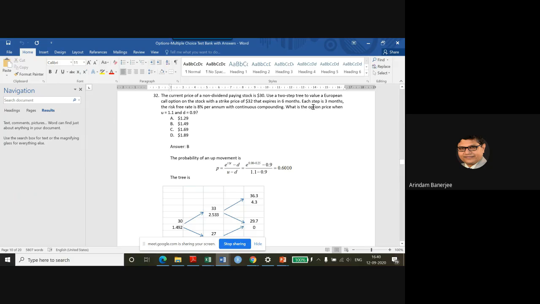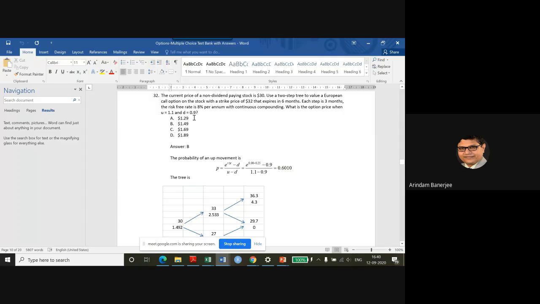Each step is 3 months and the risk-free rate is 8% with continuous compounding. What is the option price when U is equal to 1.1 and D is equal to 0.9?